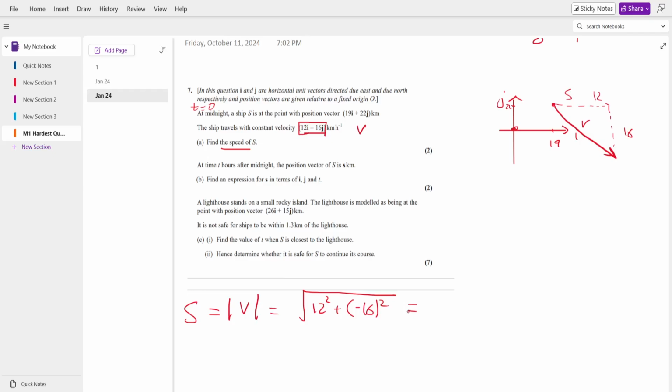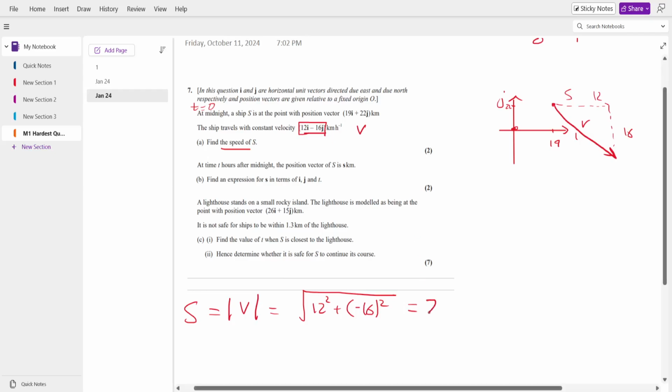Let's do the square root of 12 squared plus 16 squared. That is going to give me an answer of 20. And what is my unit? Kilometers per hour. So this is part A.